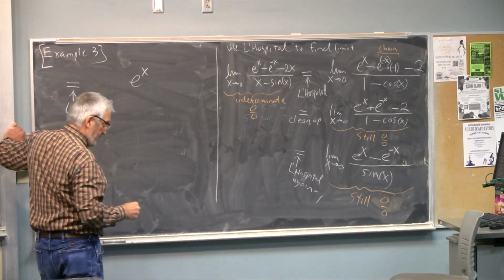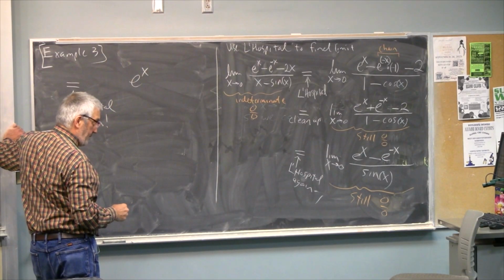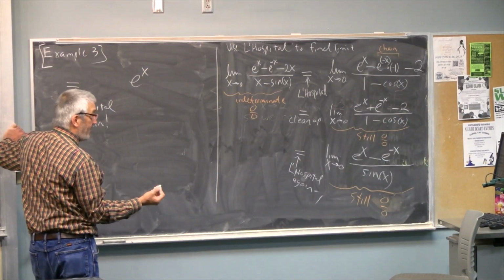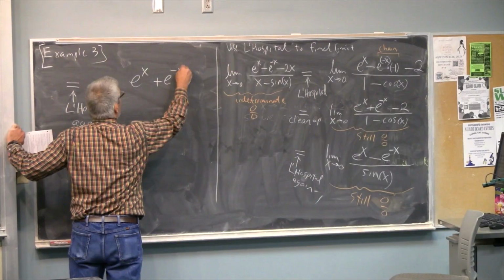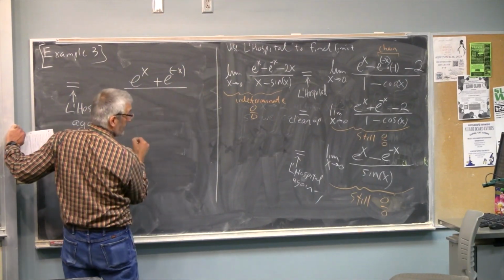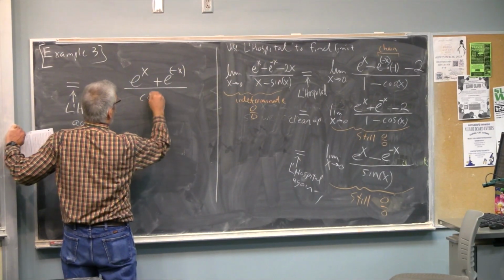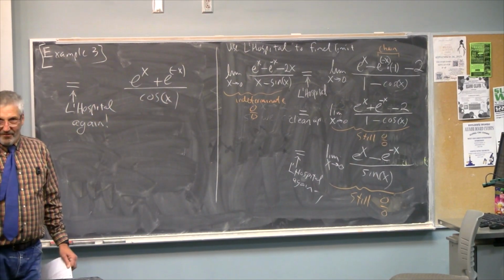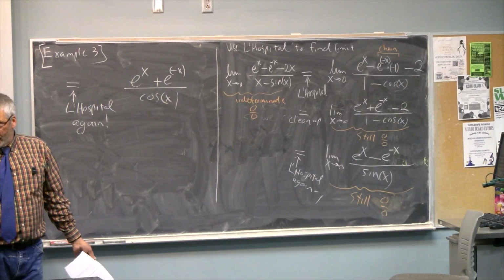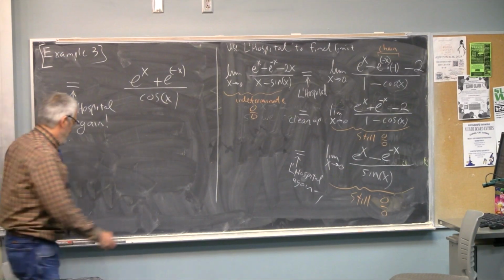The derivative of e to the minus x is minus e to the minus x, but I've got a minus sign in front already, so I end up with plus e to the minus x. And in the denominator, the derivative of sine of x is cos x. Now notice, this is not indeterminate. Very cool. If you plug in x equals 0, you don't get 0 over 0.